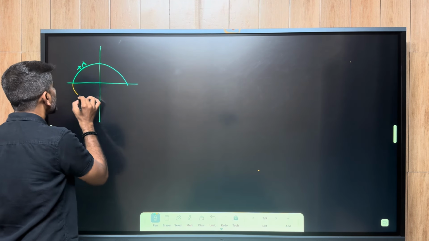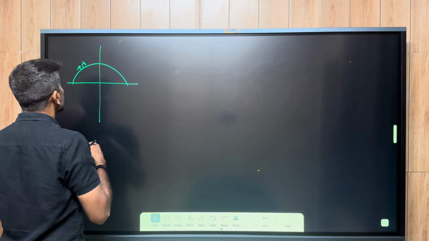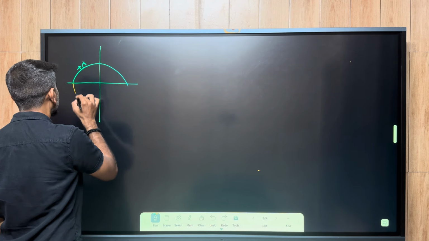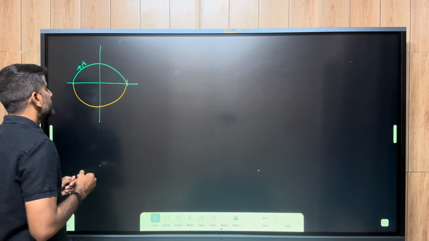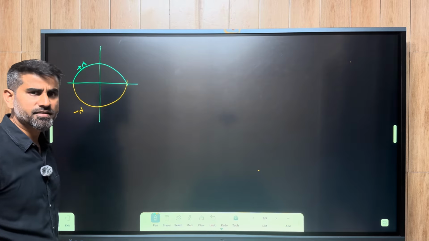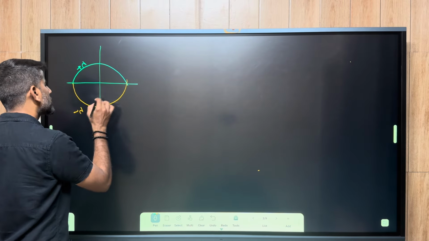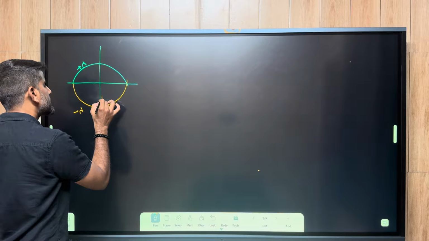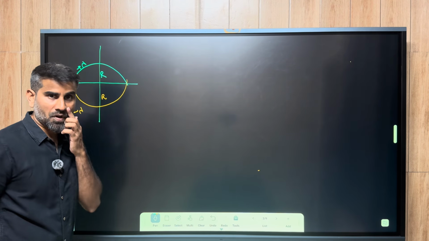Now let us take one more semicircular arc, something like this, and its linear charge density is minus lambda. Sorry, the diagram is not clear here. Radius of both the wires is the same, which is r.